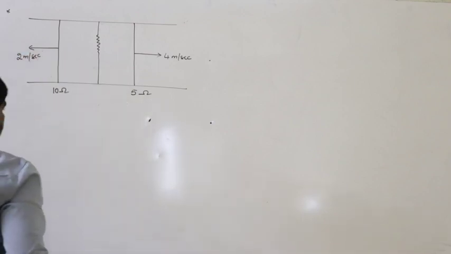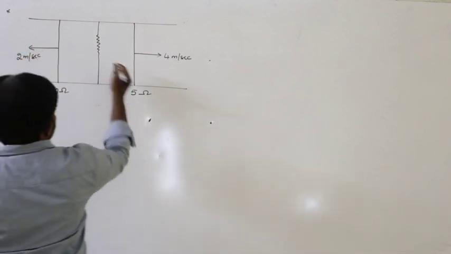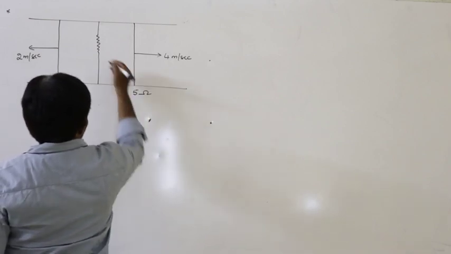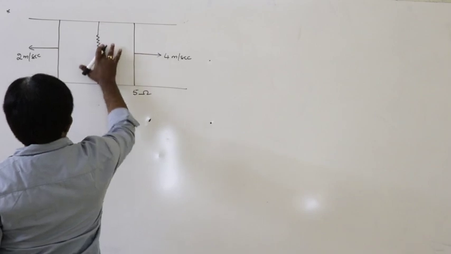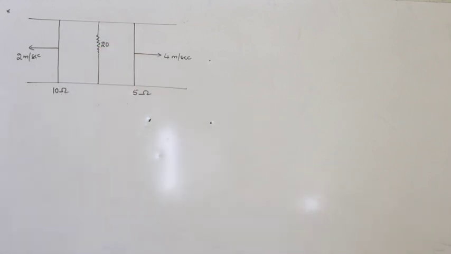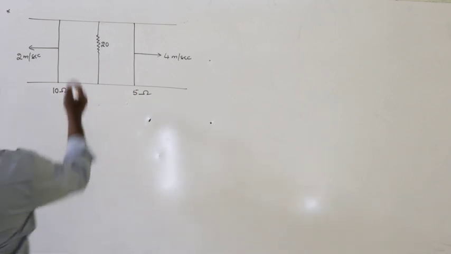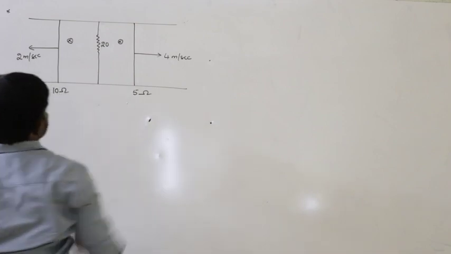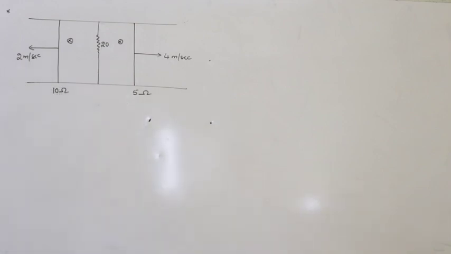Here its resistance is 5 and another resistance is, let us say, 20, and the direction of the magnetic field is inwards.